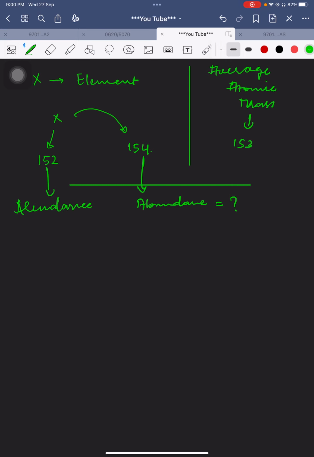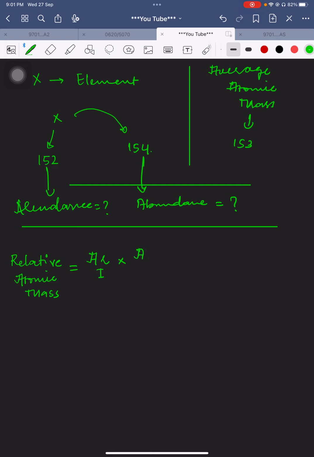We will use the same formula. Relative atomic mass is equal to AR of number one, I'm going to explain this term AR, multiplied by abundance of number one, or the percentage of number one, plus AR of number two multiplied by abundance of number two.